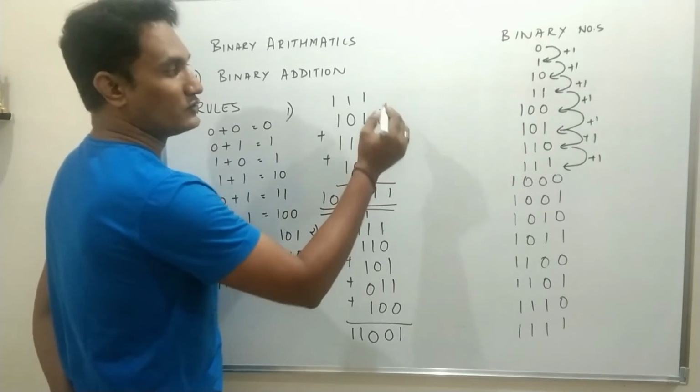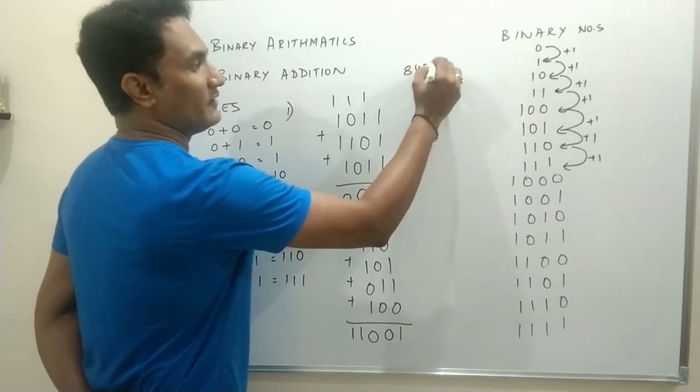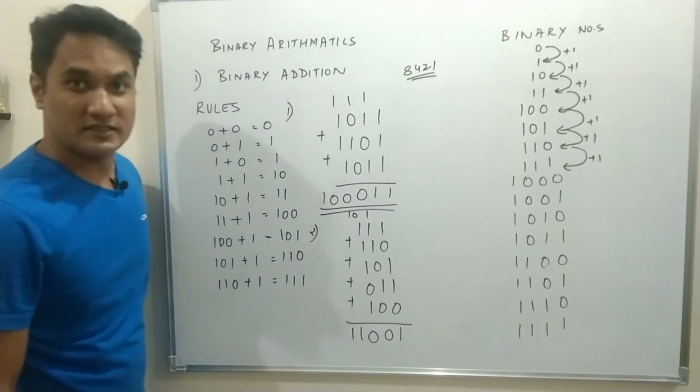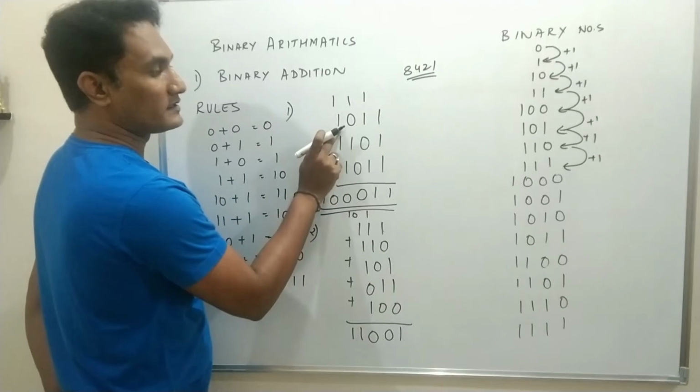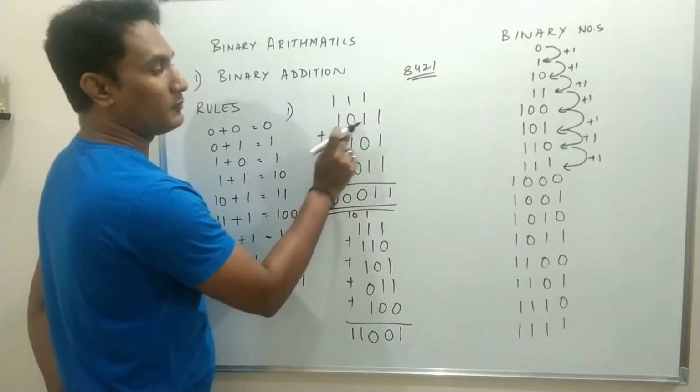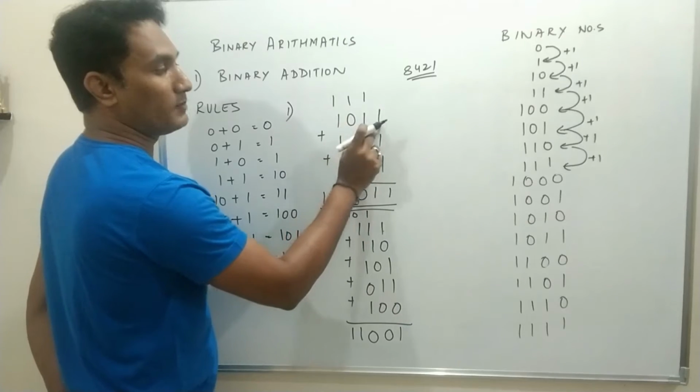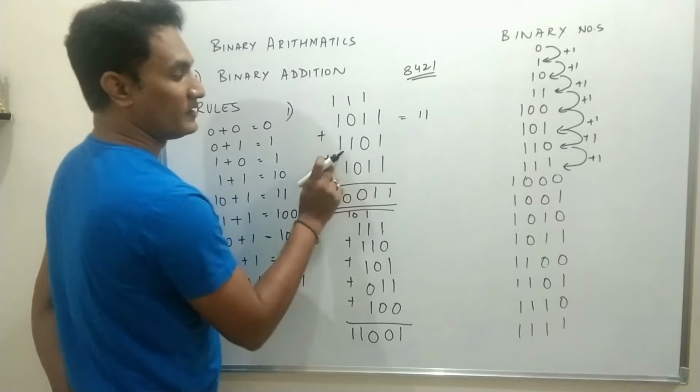You can check by using the 8421 code, which we have used for the binary number system. According to the 8421 code, 1011 will be 8 plus 2 plus 1, that is 11. Similarly, 1101 is 8 plus 4 is 12, plus 1 is 13, and 1011 is again 8 plus 2 is 10, plus 1 is 11.